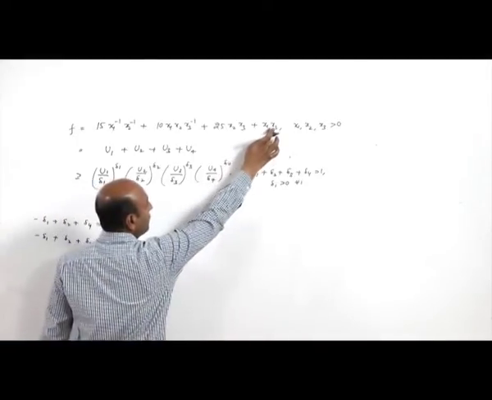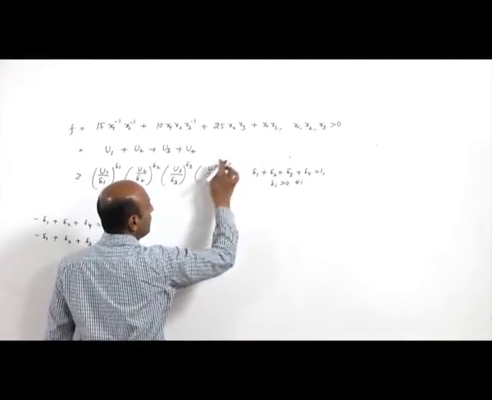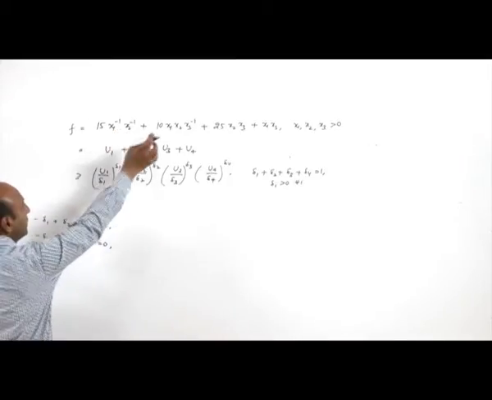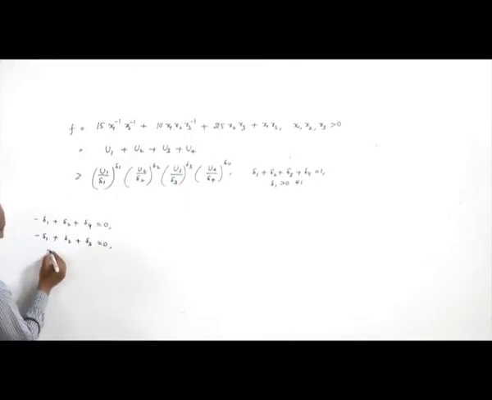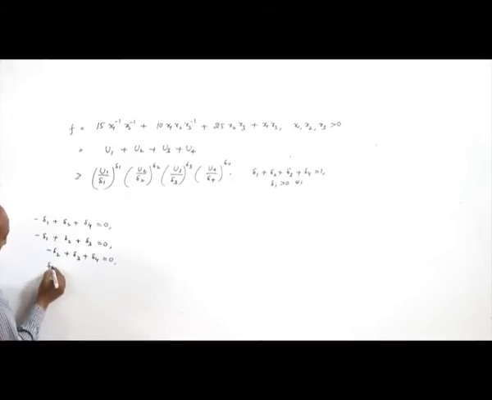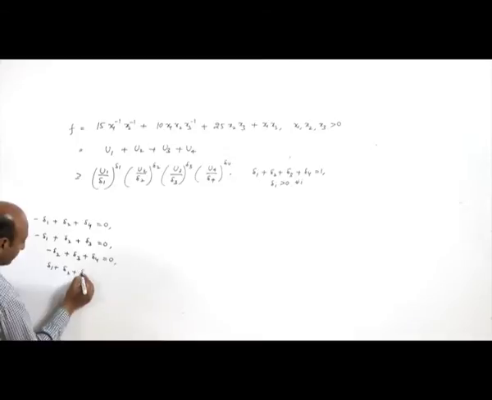There is no term of x2 in u4, so no delta 4. Now, for the third variable x3, it is minus delta 2 plus delta 3 plus delta 4 equal to 0, and also the sum of deltas is 1, as we already know.